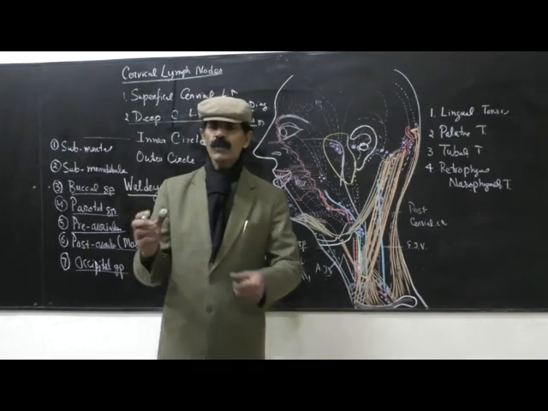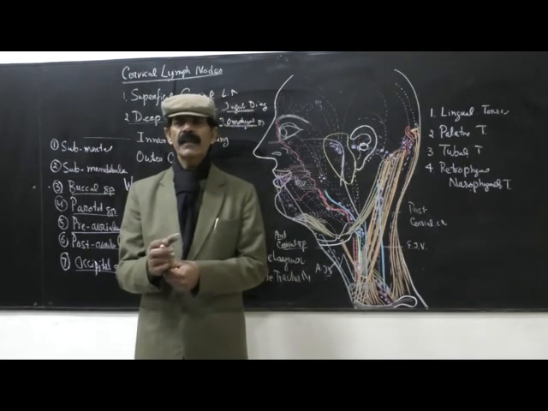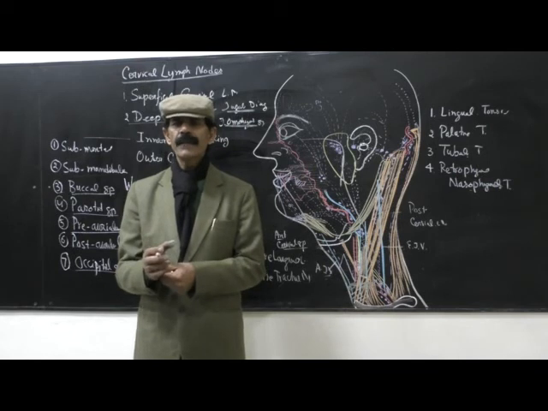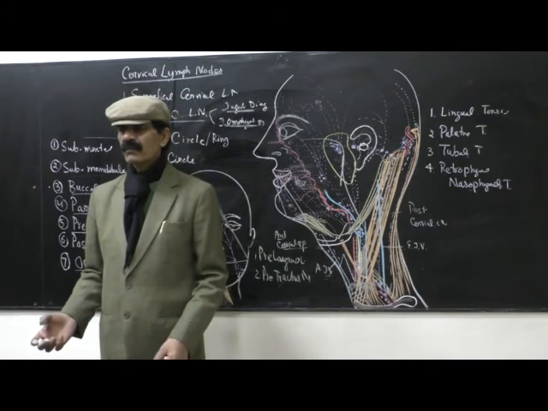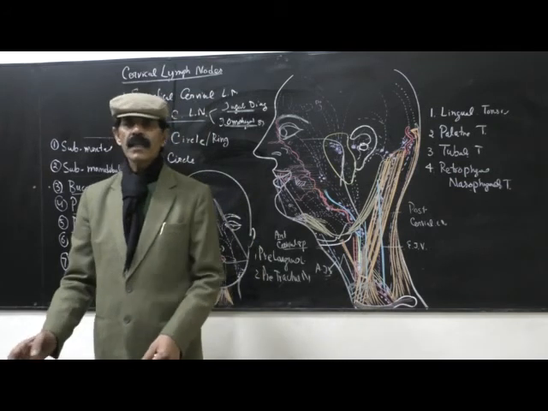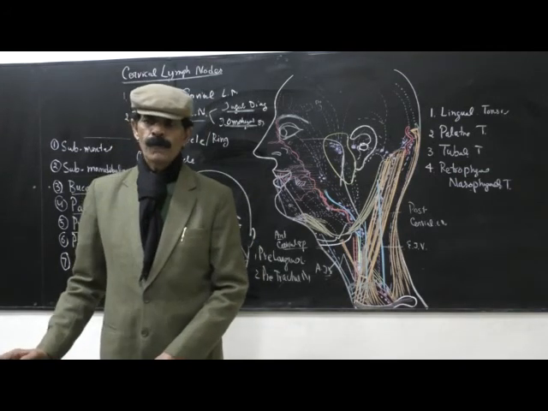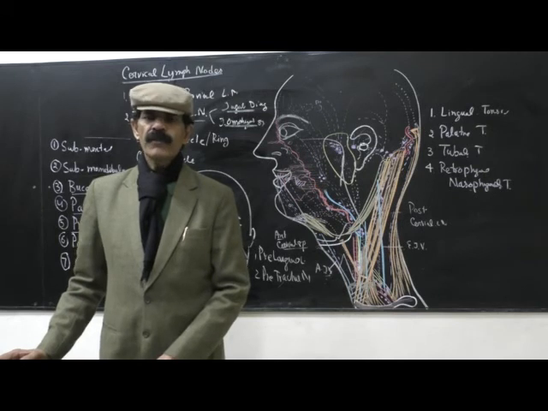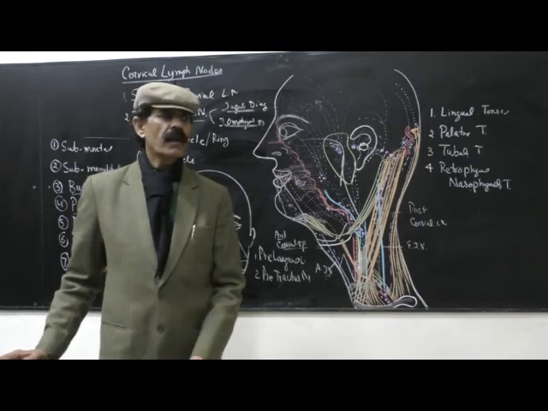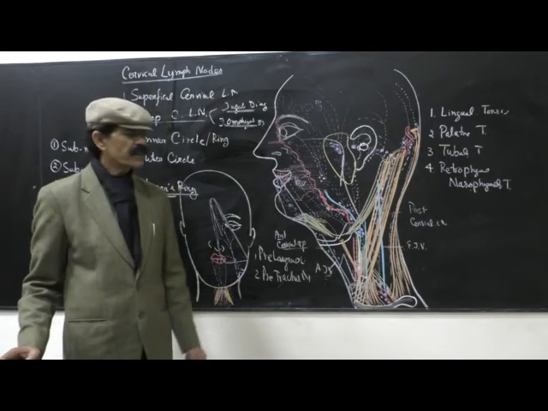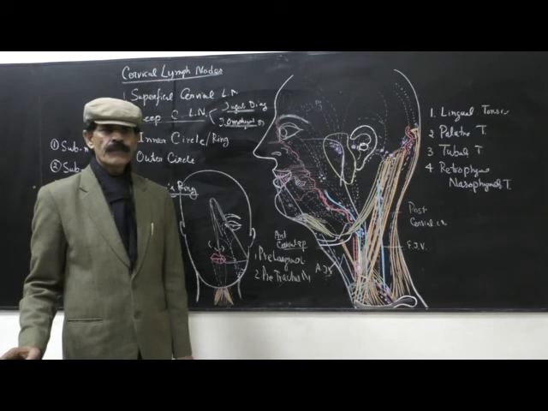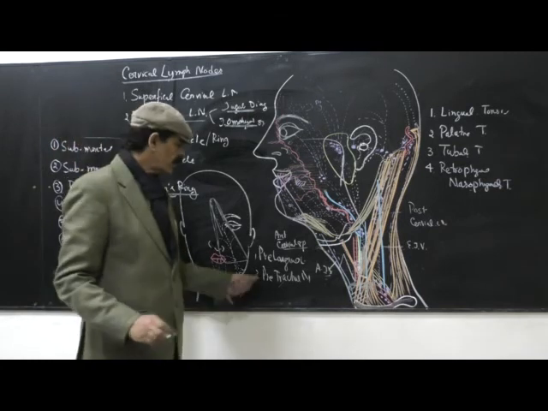So around these openings there lie lymph nodes all around. So much of the lymph nodes are crowded around these two openings of the GIT and the respiratory system. The pretracheal, paratracheal and the laryngeal group of the lymph nodes.